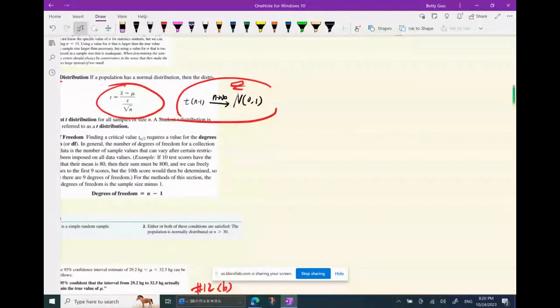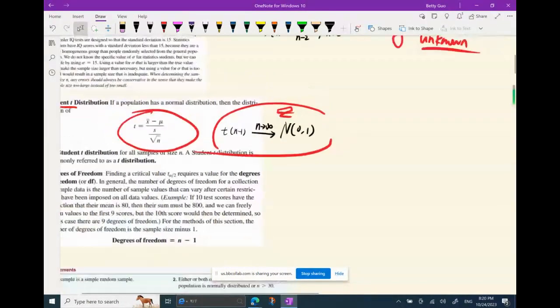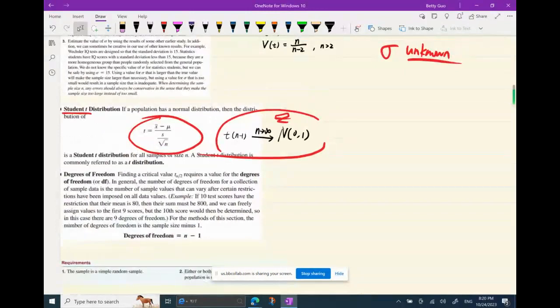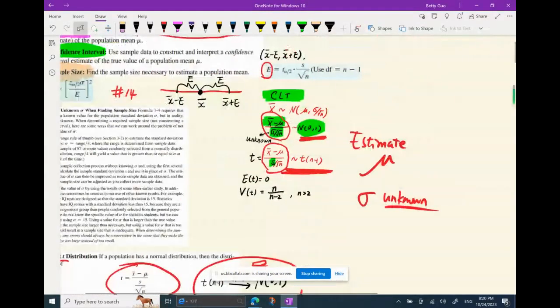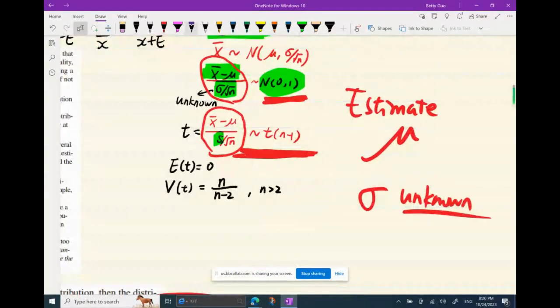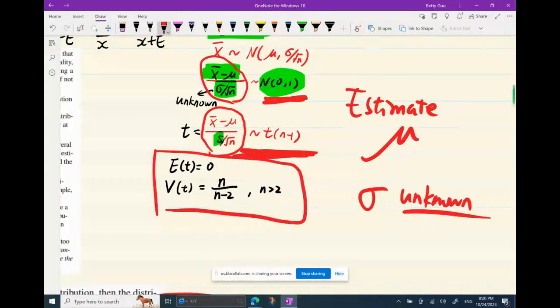The only difference is the standard normal uses sigma, and the T distribution uses S, the sample standard deviation. When you do the homework, you actually need to know this information.